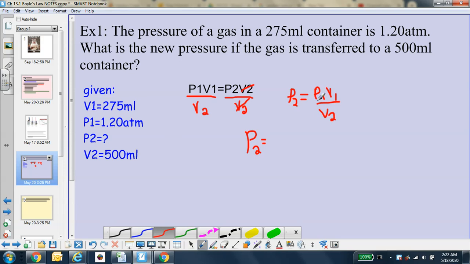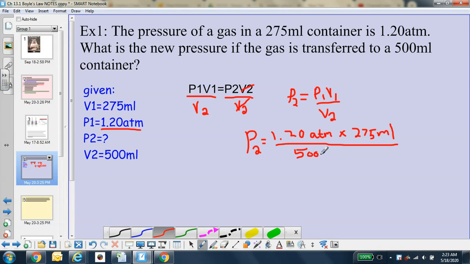So my first pressure, 1.20 atm, times volume 1, which is 275 milliliters, divided by volume 2, which is 500 milliliters.